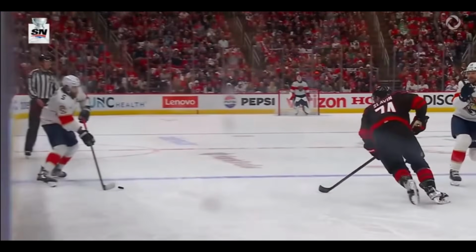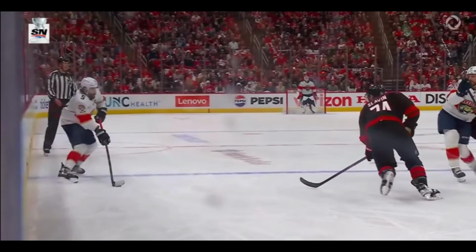It does kind of go out of frame here, but we can see the after effect of the buckling component of Sam Rienhart's left knee, that valgus stress forcing his knee to buckle inwards, and he did reveal on Tuesday night that indeed it was his left MCL that had been injured on this play. Paul Maurice, Panthers coach, mentioned it was a grade 2 sprain of his left MCL.